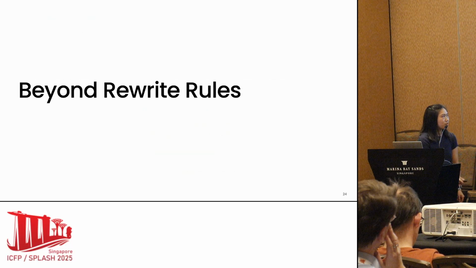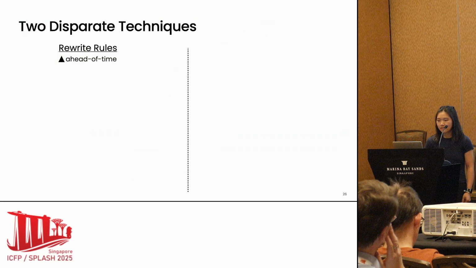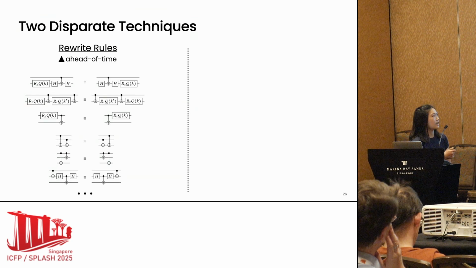All right, so rewrite rules seem pretty great, but they're relatively small patterns and they can be pretty myopic. So what can we do more? You might remember at the beginning of the talk when I mentioned these optimizations that you can synthesize at compile time. So what is that? Well, firstly, rewrite rules are these optimizations that we're going to synthesize ahead of time.